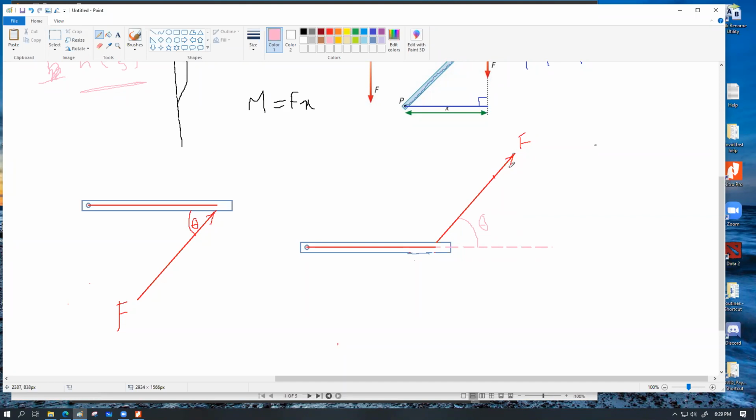Now, because this is the force value, I can essentially do one thing. I can draw one perpendicular, one horizontal component, which is going to work from here along this direction. Let me use green for that.